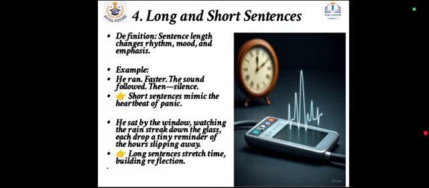Now, the other is the long sentence. He sat by the window, watching the rain streak down the glass, each drop a tiny reminder of the hour slipping away. This is a long sentence, and long sentences stretch time, building reflection.